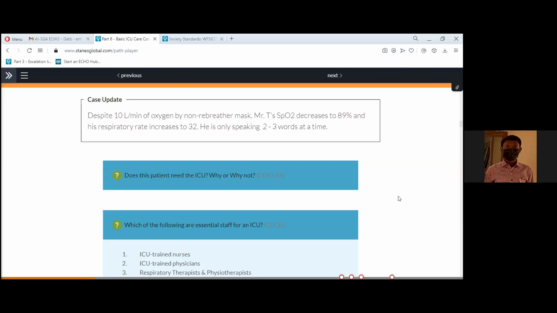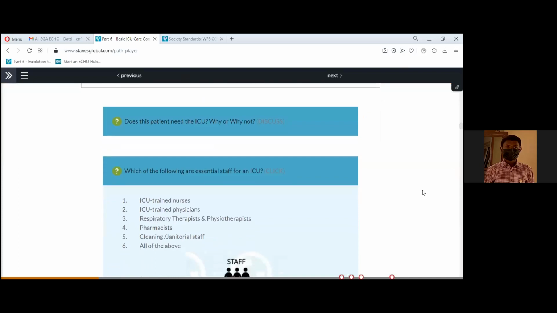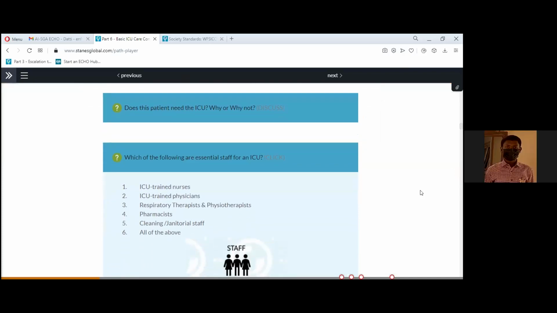So which of the following are essential staff for an ICU? 1, ICU trained nurses. 2, ICU trained physicians. 3, respiratory therapists and physiotherapists. 4, pharmacists. 5, cleaning staff, the janitorial staff, attendants, cleaners. And then 6, all of the above.